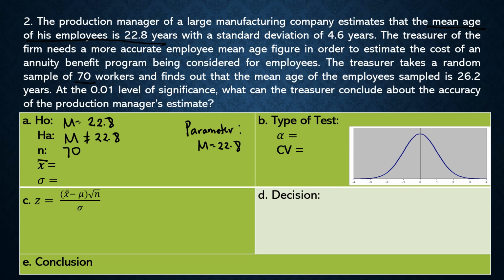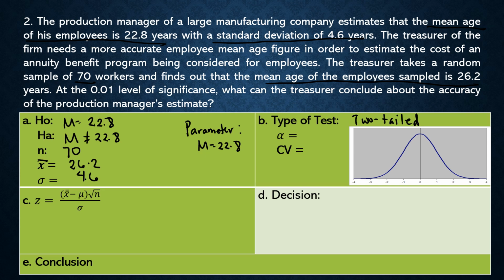For x bar, it is written that the mean age of the employees sampled is 26.2. And our population standard deviation is 4.6 years. Okay, now, what is the type of test? Since we're dealing with not equal in our alternative hypothesis, we're dealing with two-tailed.